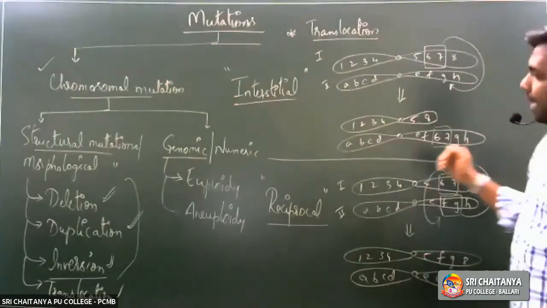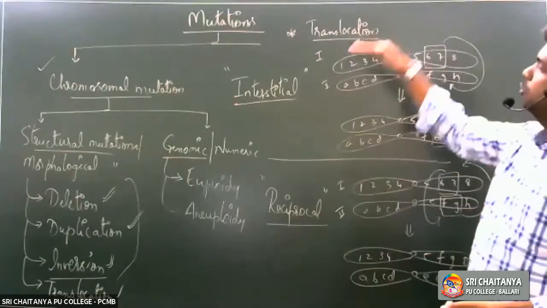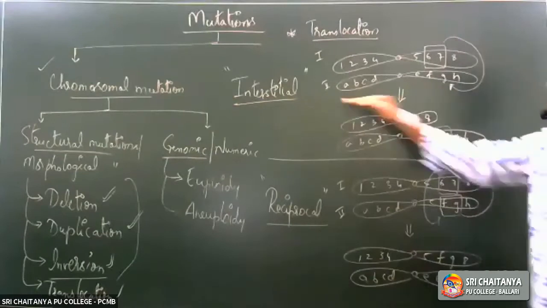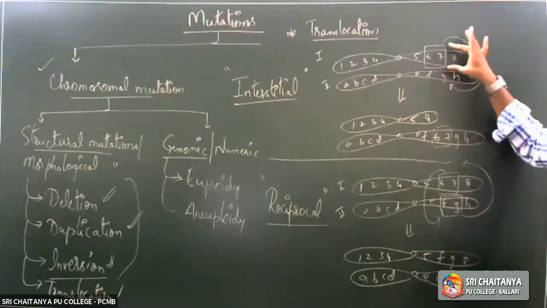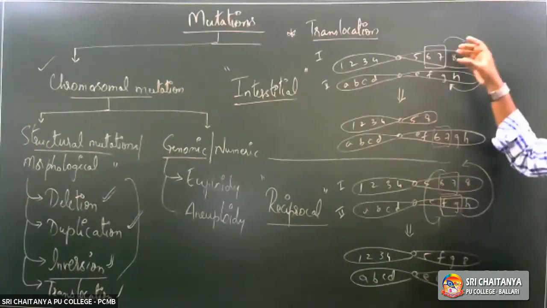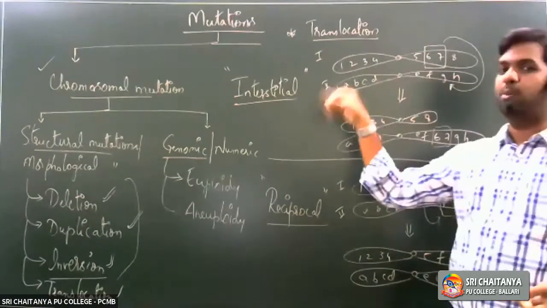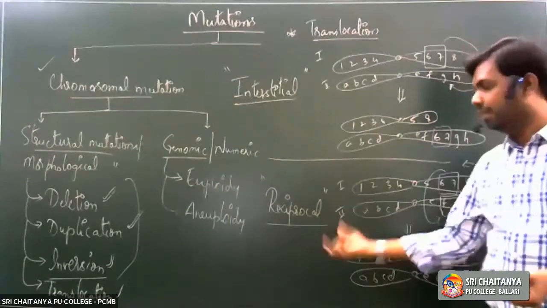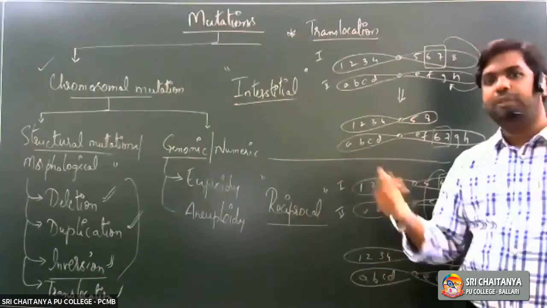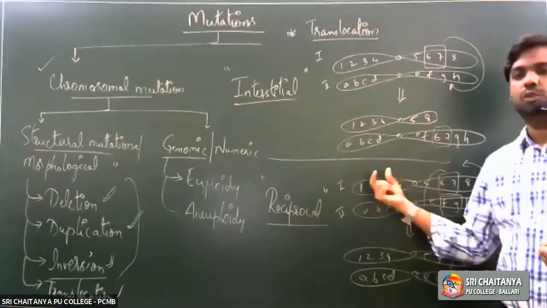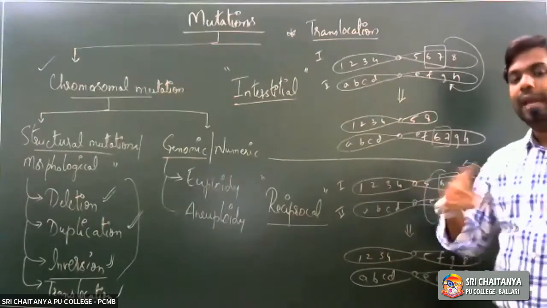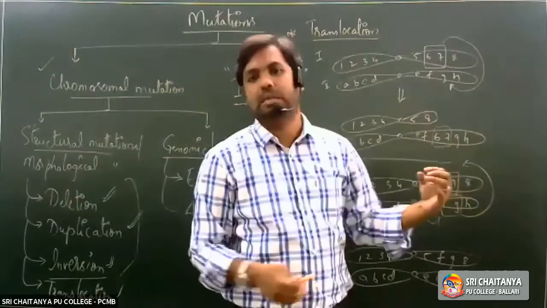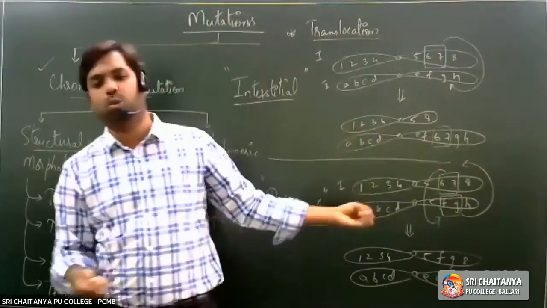Under translocation, interstitial translocation: a part of the chromosome is cut, and that goes and affixes with the second chromosome of the homologous pair. Reciprocal translocation: there is deletion happening in both the homologous chromosomes, and there is exchange of this particular deleted part of the chromosome happening. As a result of this, again, the structure of the chromosome would be changed.